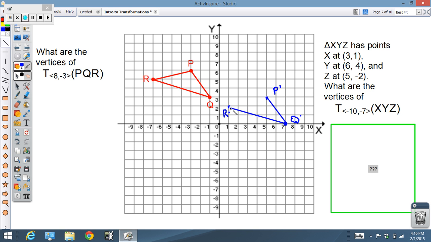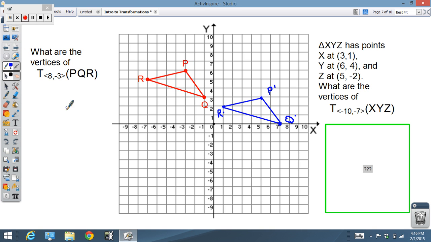Okay, now that might have been cool to do the way we did, but I want to show you something else. We can also take the coordinates. P is at -3, 6, right? Look what happens. I can just add 8 to -3 and I get 5, right?